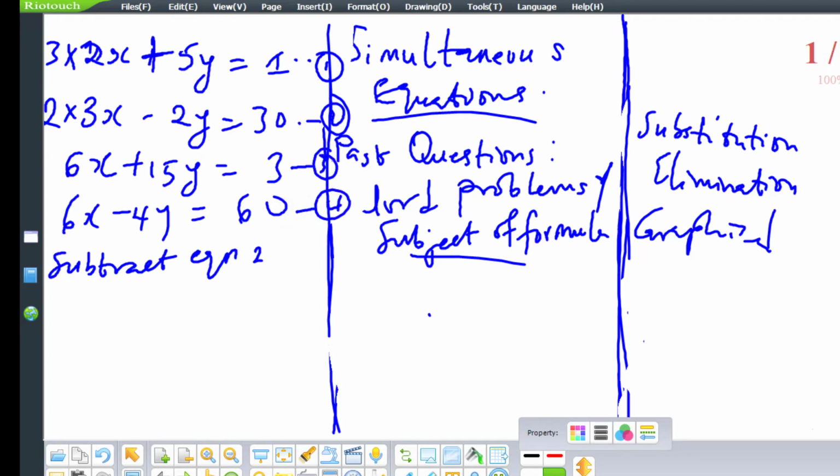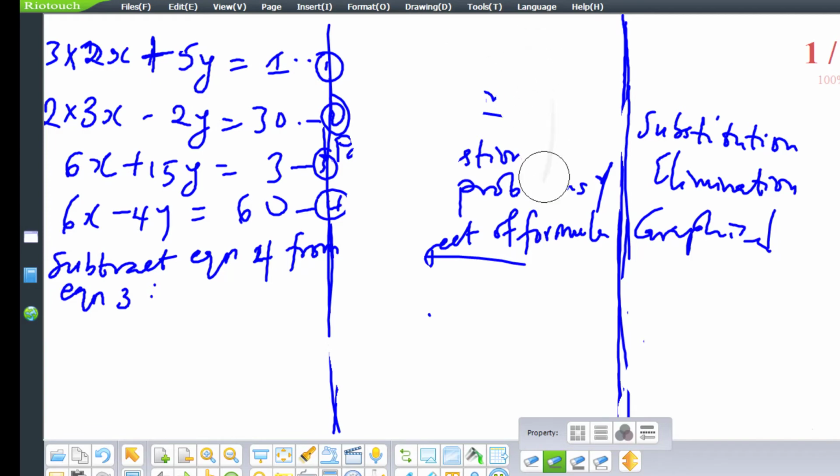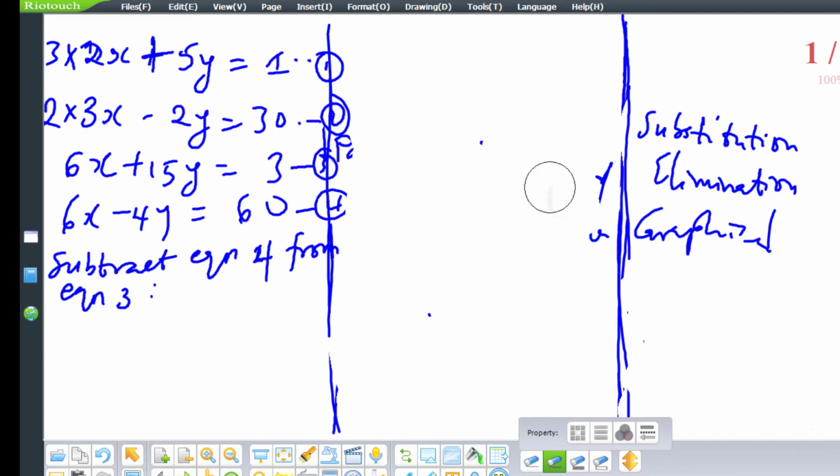Now, what we do is subtract equation 4 from equation 3. So, subtract equation 4 from equation 3, then we have something like this.